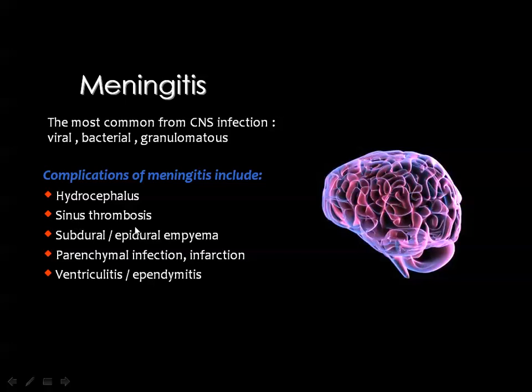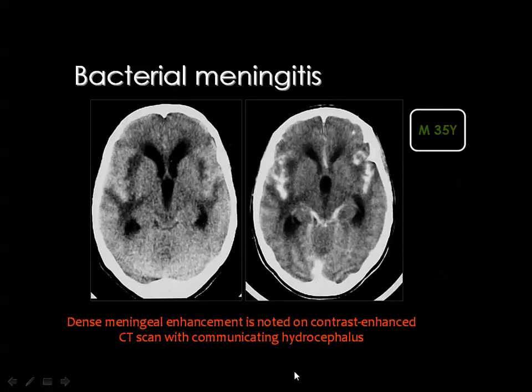It may cause dural sinus thrombosis, may result in subdural or epidural empyema, may extend into the brain parenchyma, leading to abscesses and infarctions, and may reach the ventricle, with inflammation of the ventricle resulting in ventriculitis, or what is known as ependymitis. And for the diagnosis of meningitis of whatever etiology, you should inject the contrast media.